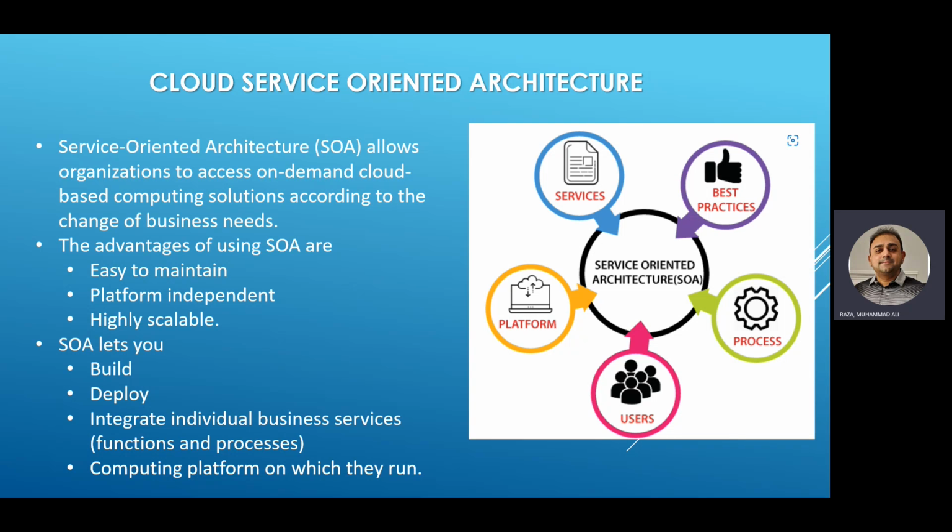The advantages of using a cloud service-oriented architecture are that it's easy to maintain, it's platform independent, and it's highly scalable. Whenever you want, you can scale it up horizontally, and you can add more compute and more services. It lets you build, deploy, and integrate individual business services and functions on the computing platform on which they run. So basically a lot of benefits we're going to get by using this service-oriented architecture.